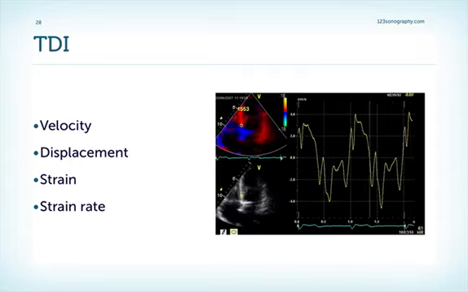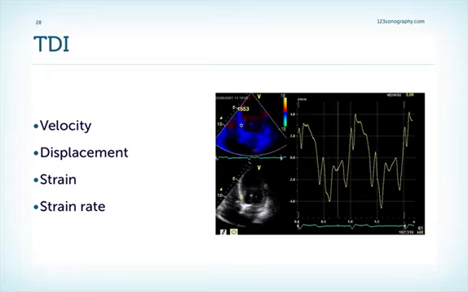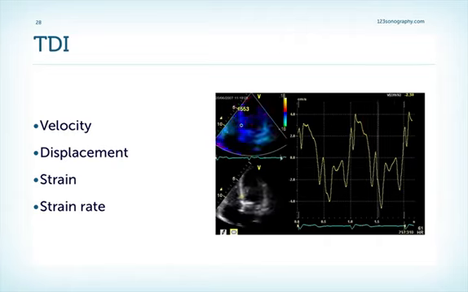But just to give you a brief overview of what tissue Doppler is good for, it's good for measuring the velocity of the myocardium and for assessing what we call deformation. In other words, displacement of the myocardium, strain, and strain rate. All of these parameters provide us with very important insights which relate to the function of the myocardium.